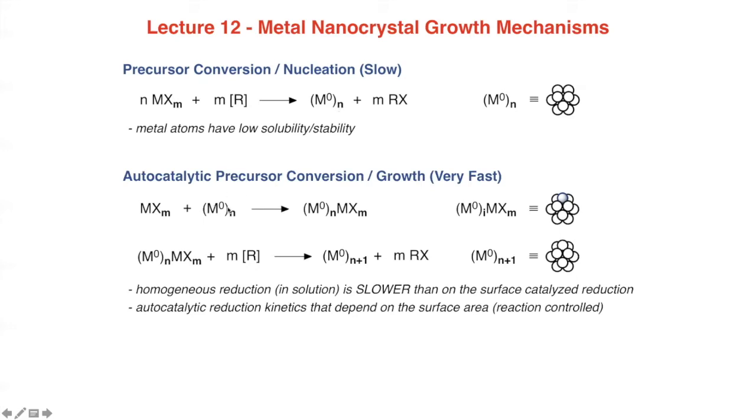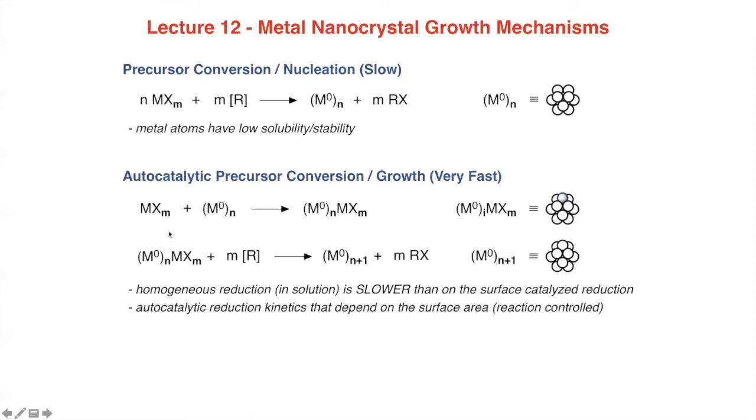But once you form those metal nuclei, they react with metal salts by adsorption. And then those metal salts on the metallic particle surface react with reductants more quickly than the metal salt in solution does by itself.